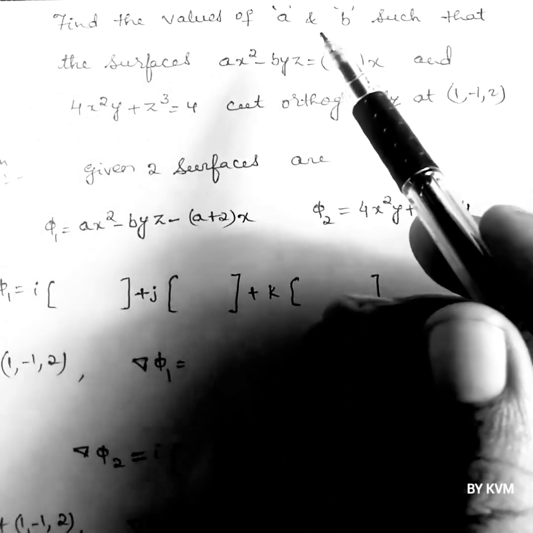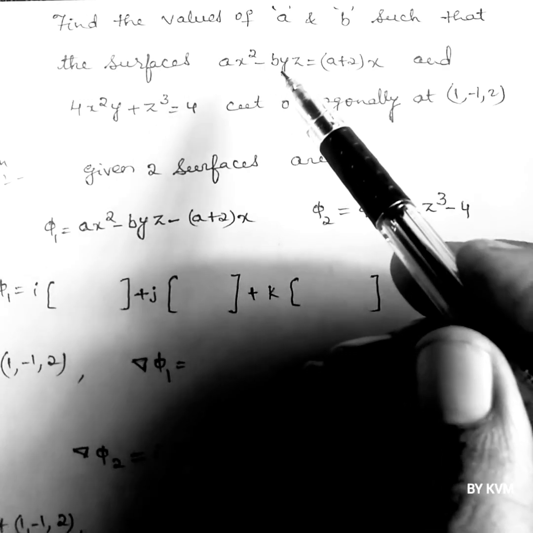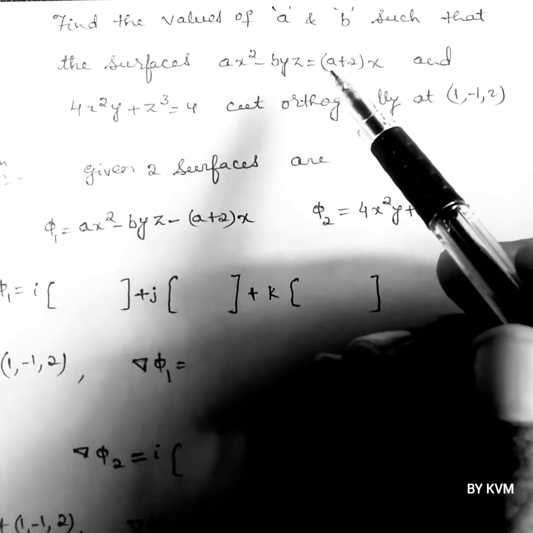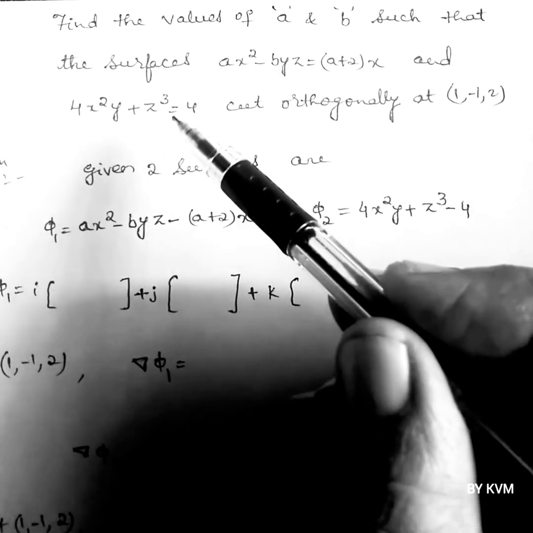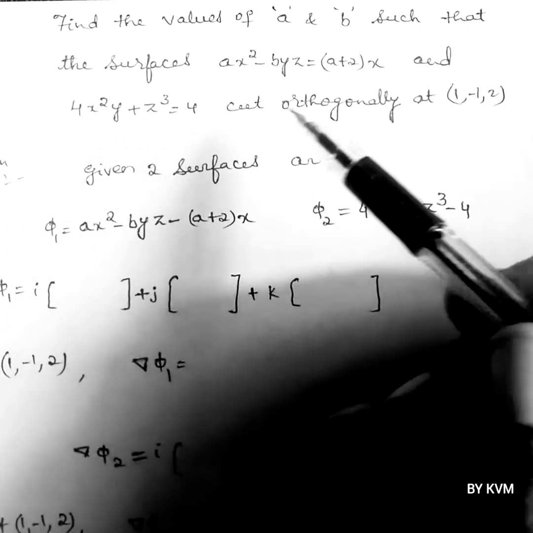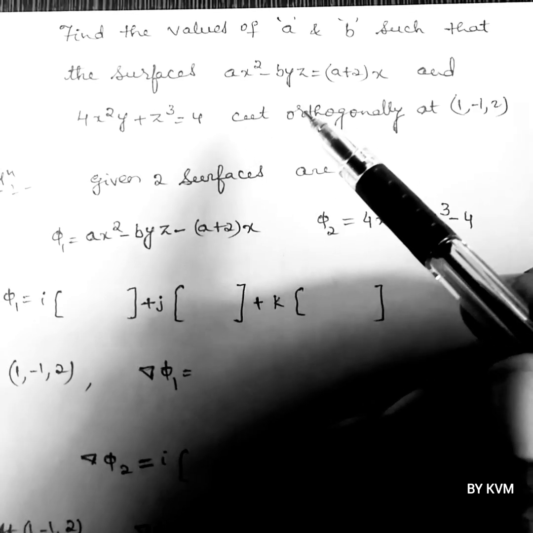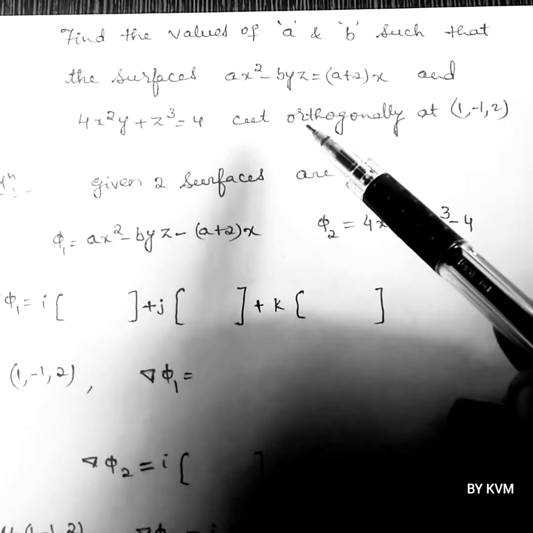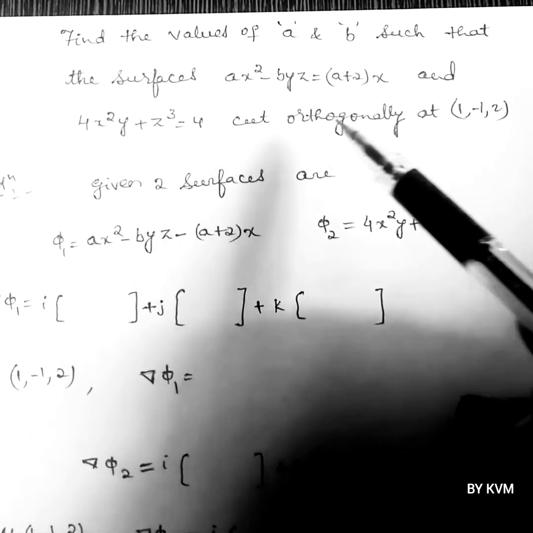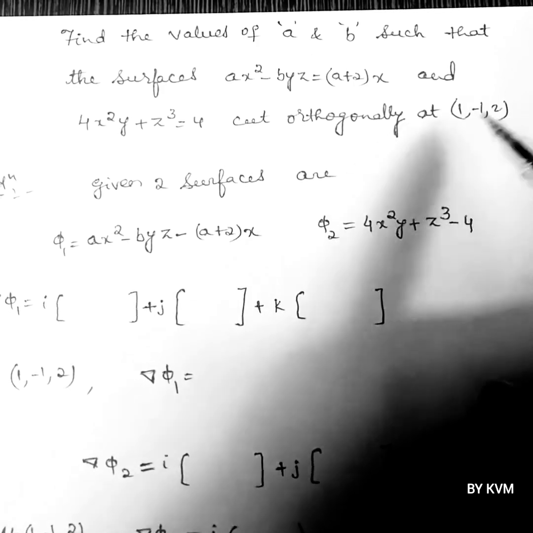Find the values of a and b such that the surfaces ax square minus byz equals a plus 2 into x and 4x square y plus z cube equals 4 cut orthogonally at 1 comma minus 1 comma 2. So here two surfaces are given and it is given that these two surfaces intersect orthogonally at 1 comma minus 1 comma 2.